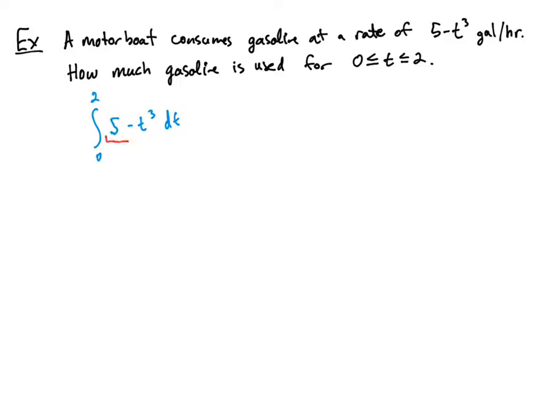So the integrand here is a rate, so we can interpret that as the derivative of some function. And so when we integrate that derivative, we're going to end up with the original function. So we're going to say 5t minus t to the 4th over 4, and we're going to evaluate that from 0 to 2. And so we're going to have 5 times 2 minus 2 to the 4th over 4.